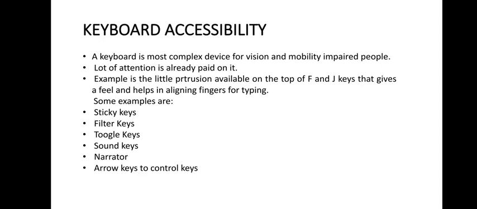One more option is there. You can see at the end, arrow keys to control keys. So these arrow keys are going to control some other devices. Arrow keys are basically available on the keyboard, and for physically disabled people, we use arrow keys to control the mouse, because as we know, one category is mobility impaired users, those having problems in moving the mouse.